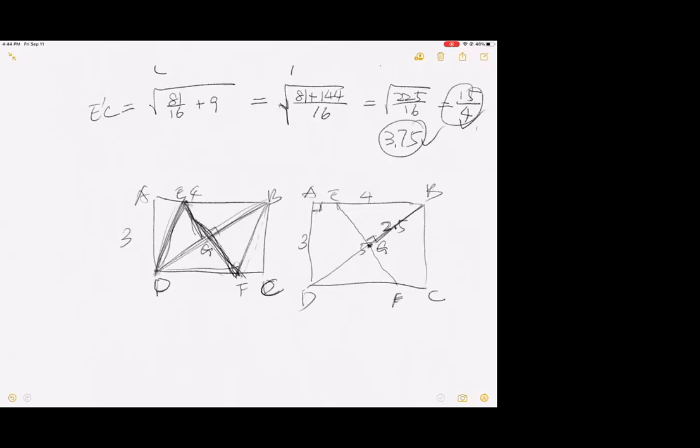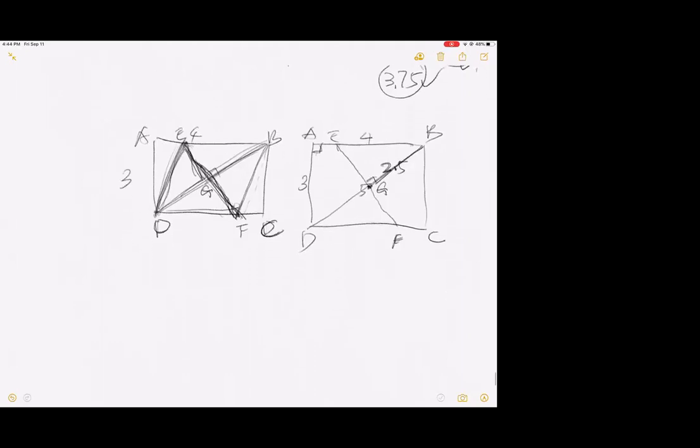So then, Pythagorean theorem. Why Pythagorean theorem? Where do you need it? You don't need it yet, I guess. Why don't you just find EG and multiply by 2?